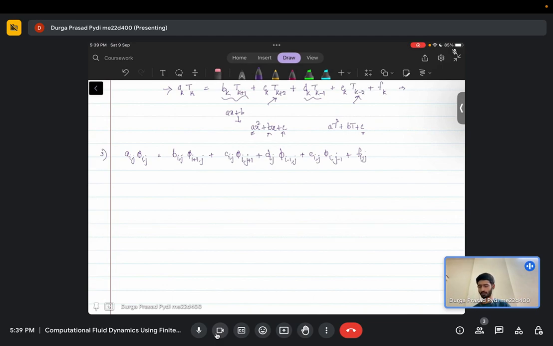Now if you try to make some suitable transformation such that your k will be some function of i comma j, such that your g of i plus 1 comma j will correspond to k plus 1, j plus 1 will correspond to k plus 2, i minus 1 will correspond to k minus 1, and j minus 1 to k minus 2.